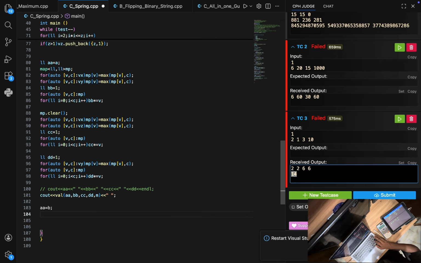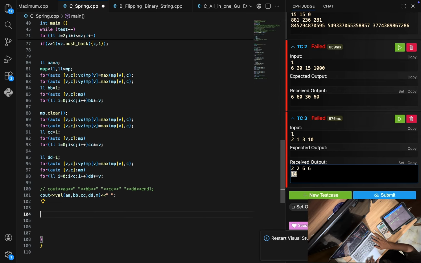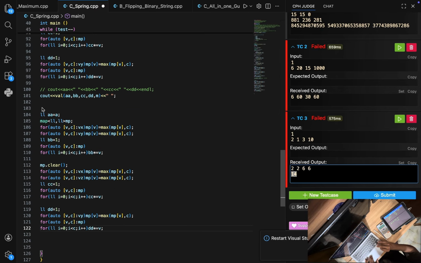A equal to B. Let's copy the whole stuff. Clear. I should just empty dot clear.